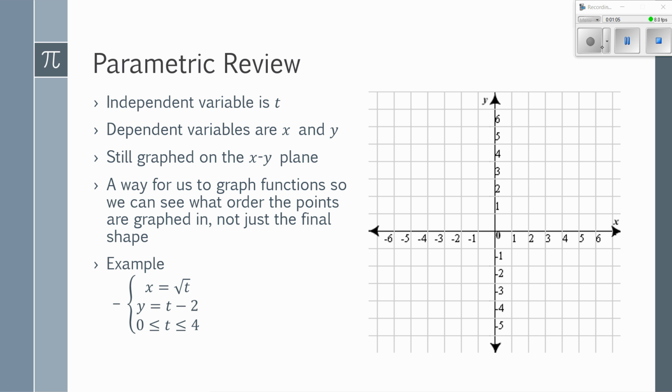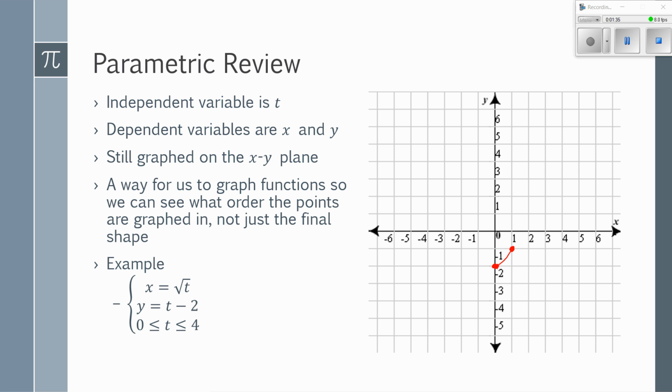So for example, I have x equals the square root of t, y equals t minus 2, and I'm saying the domain is t is between 0 and 4. I can start graphing this and say, well, if t is 0, x would be 0 and y would be negative 2. So my graph actually starts right here. If t is 1, x is 1, y would be negative 1. So I then go to that point.